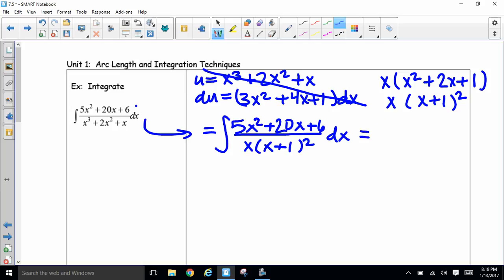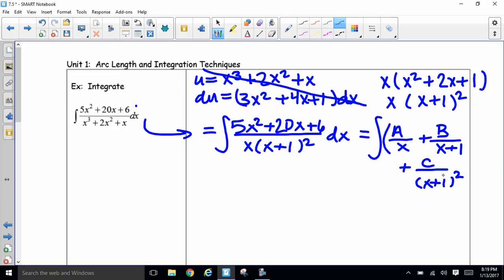And so now I'm going to split that into partial or little baby fractions. I'm going to have capital A over x, then capital B over x plus 1, plus capital C over (x plus 1) quantity squared. And all of that is in parentheses times dx.